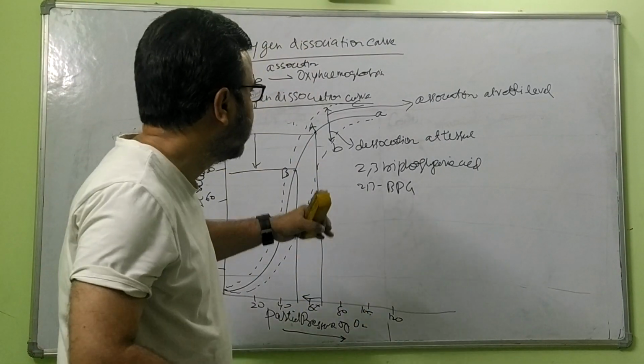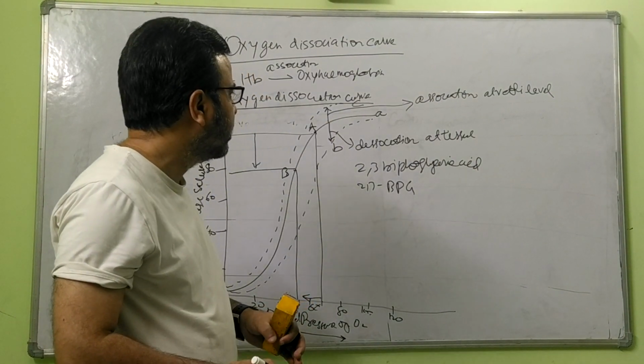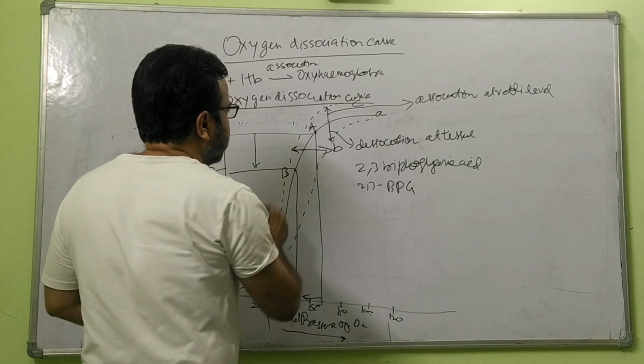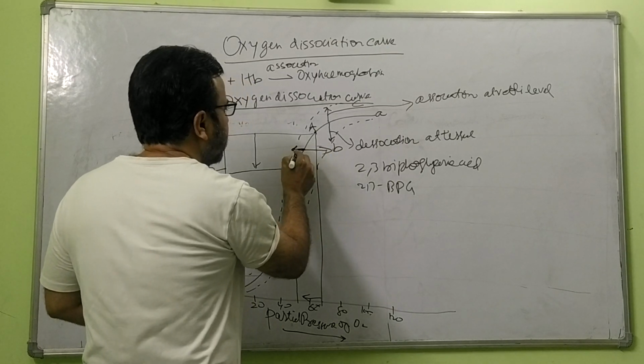While in the case of dissociation, that means right shift, this is the right shift and this is the left shift. From A to B is the right shift and B to C is the left shift.